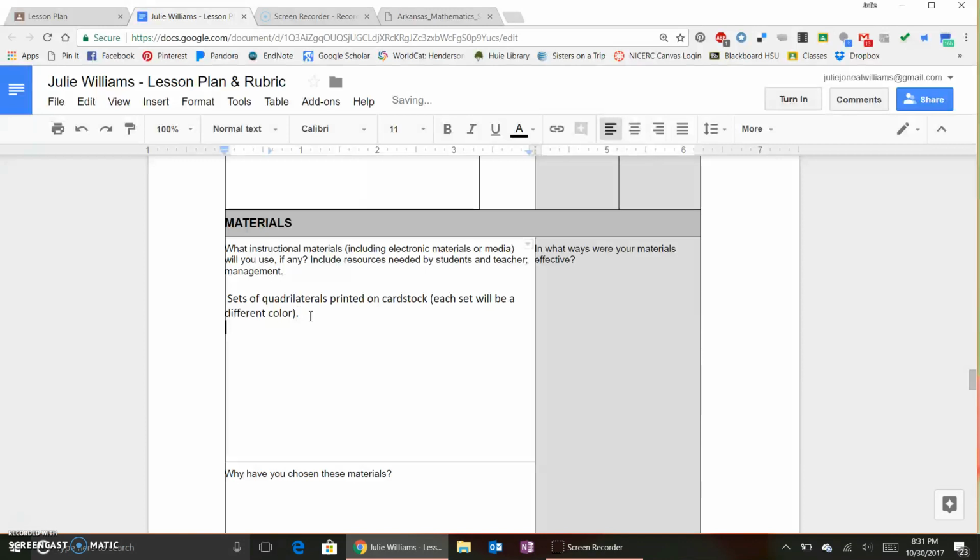I need answer key posted on projector. And perhaps I also need bell ringer posted on whiteboard. Okay, so maybe those are the things I need.